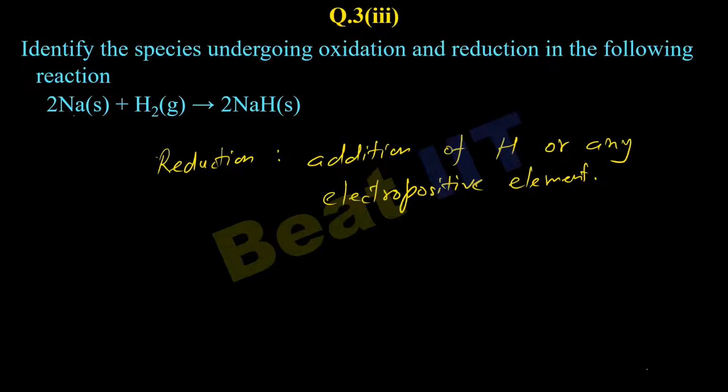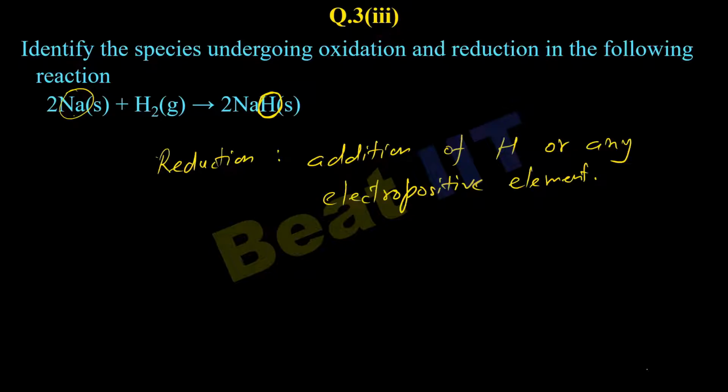Reduction is addition of hydrogen or any electropositive element. But here if I apply this concept without considering the comparative electropositivity and electronegativity, my answer will be wrong. Hydrogen is electropositive, but not as compared to sodium. If I compare it with sodium, hydrogen is less electropositive than sodium.